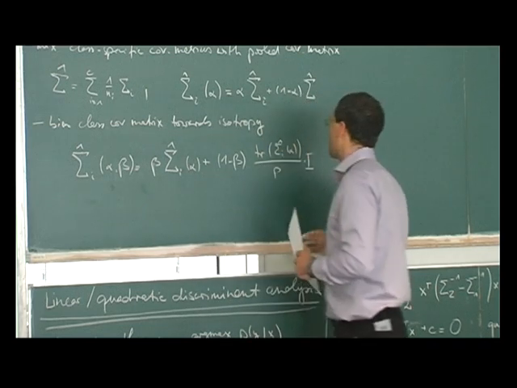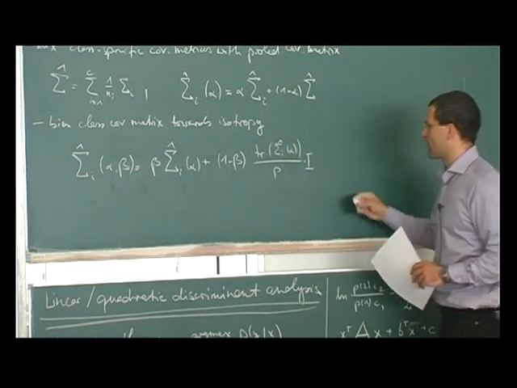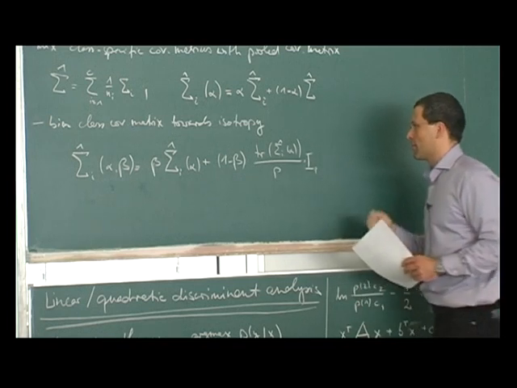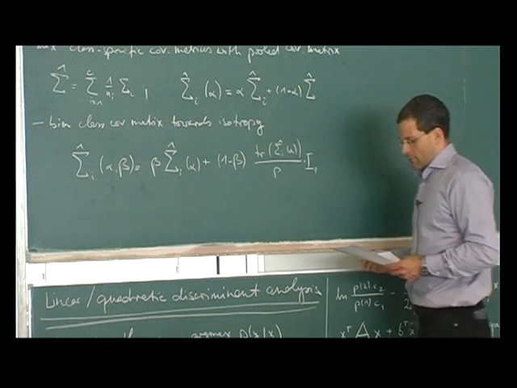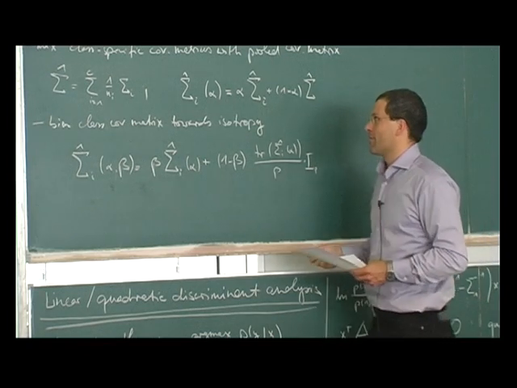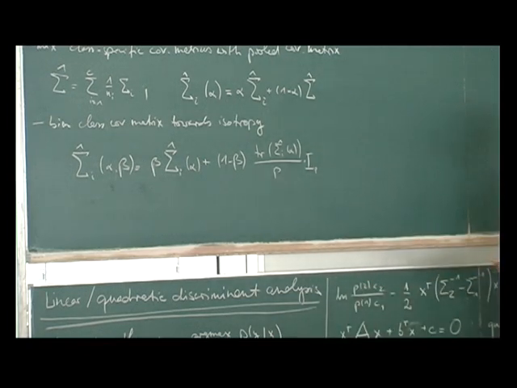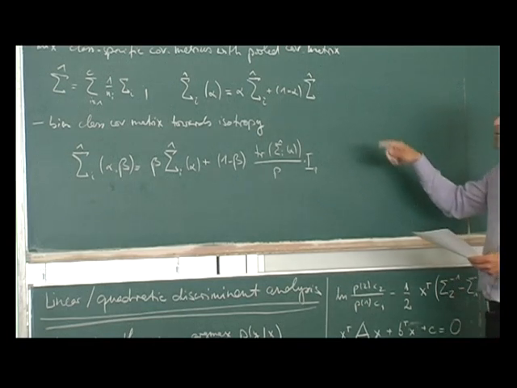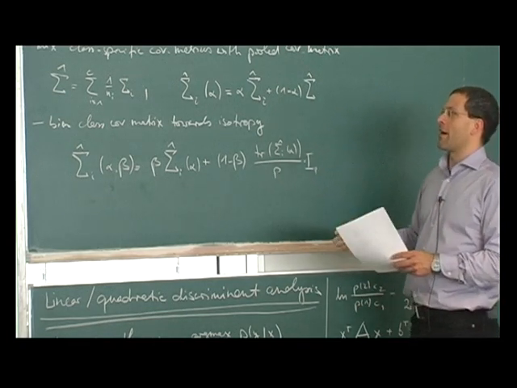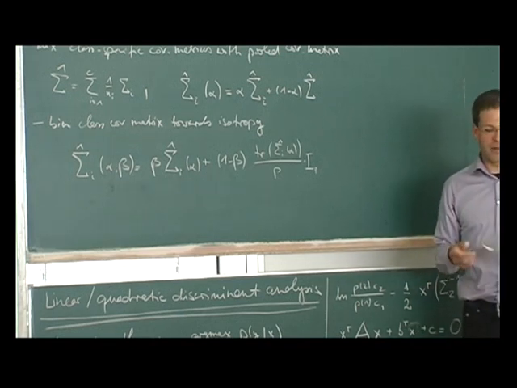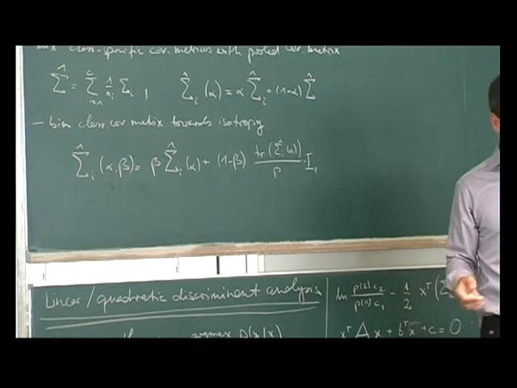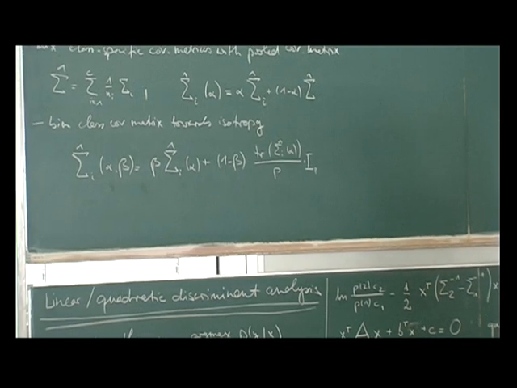And we mix in a little bit of identity matrix of dimensionality p. So now we have a second parameter that we need to fix, alpha and beta. And with these 2 parameters, we can now find any compromise between LDA and QDA, and between having isotropic covariance matrices or full covariance matrices.